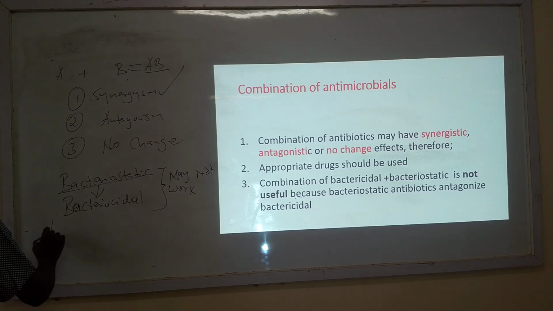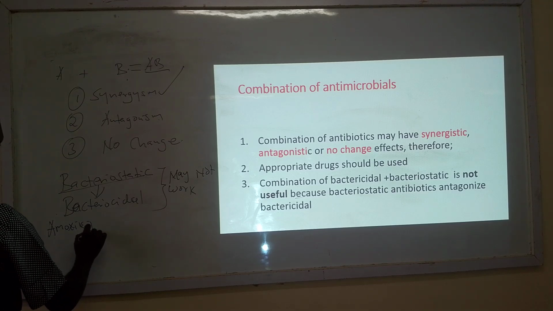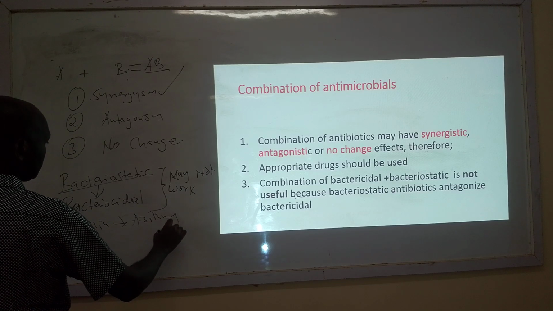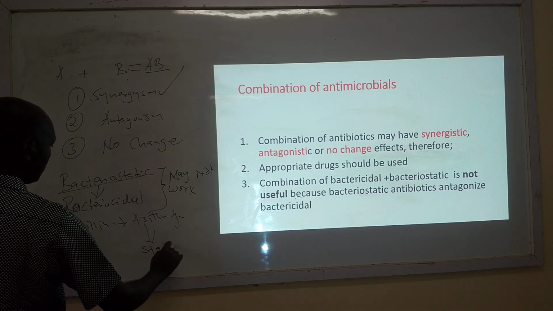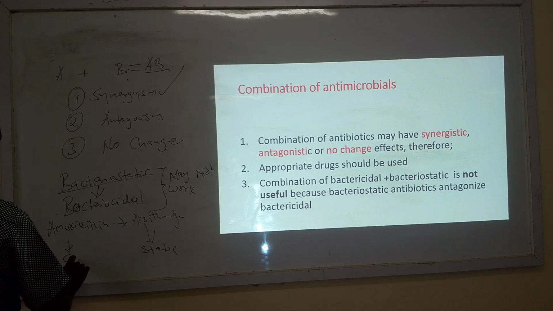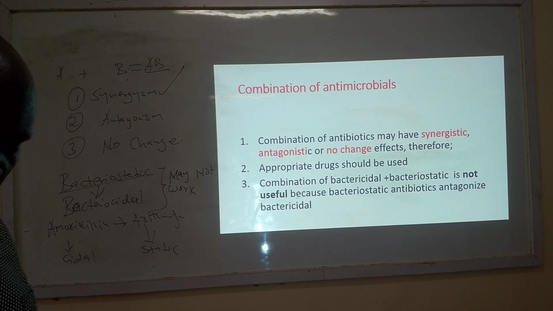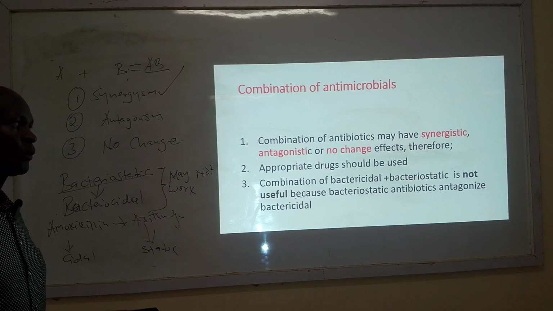For example, if you are giving amoxicillin together with azithromycin, if one is bacteriostatic and another one is bactericidal, then it means this will just inhibit this. Therefore, you may not get good results. So before combining antibiotics, you've got to know, is this a bactericidal or is it a bacteriostatic, and so on and so forth.